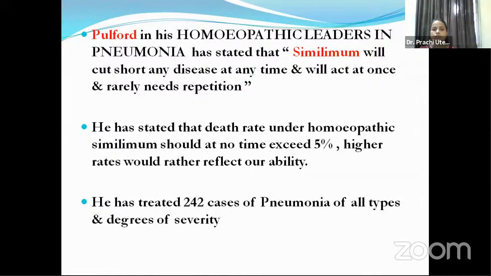Pulford treated almost 242 cases of pneumonia of all types and degrees of severity, and he stated that the death rate under the homeopathic simillimum should at no time exceed 5%; higher rates regulate otherwise. So there are 2 ways: use of low potency with frequent repetition, or high potency given at one time. But definitely we need to clinically correlate when selecting the potency or dose repetition.